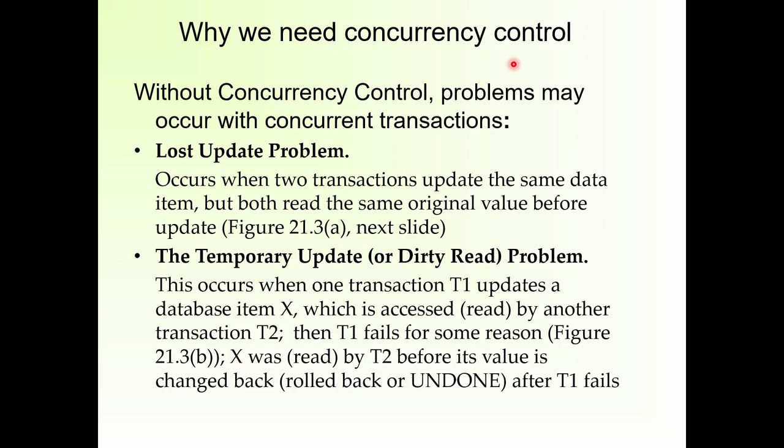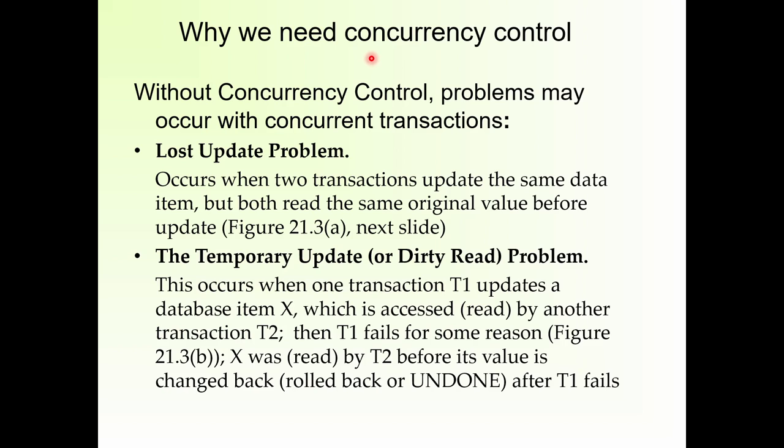Either you use a single CPU, where concurrency control is called interleaving, and you let both transactions access the data using the interleaving concept. Or if you use multiple CPUs, you go for parallel concurrency control, where both transactions are executed in parallel. Whereas in interleaving, execution is in sequence, but both transactions are interleaved.